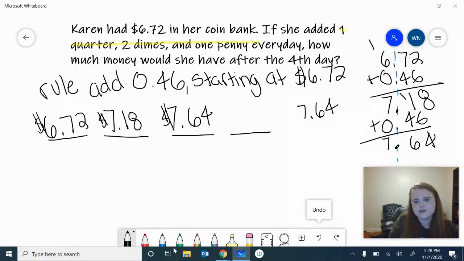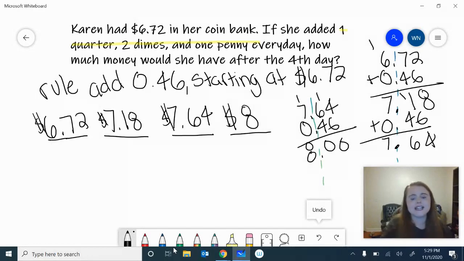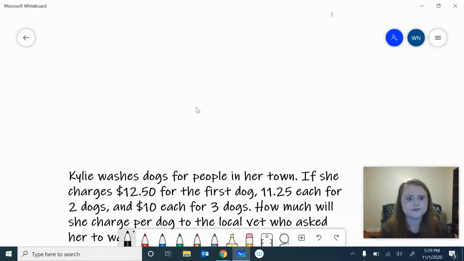So I'm going to say 764, magical decimal line, 46 cents again. 6 plus 4 is 10. $8. So if she saved 46 cents every day for 4 days, starting with $6.72, on the fourth day she would have $8. Let's do one more of these that I think is even more interesting.